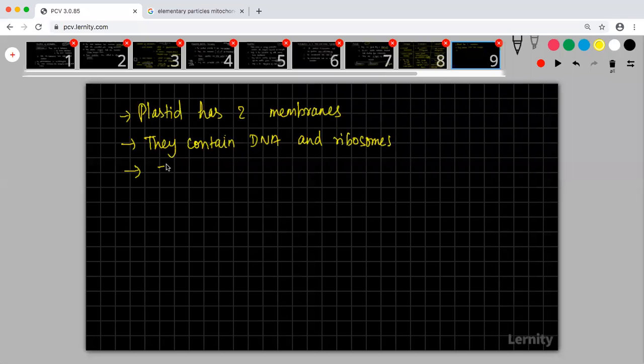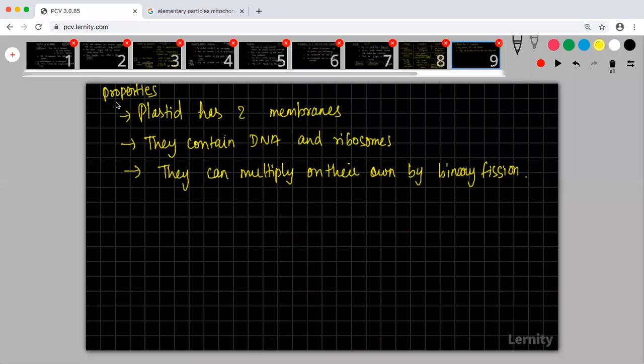They can multiply on their own by binary fission. Okay, so these are all properties of plastids. Whenever a particular cell needs plastids, it will divide and produce more number of plastids whenever required.